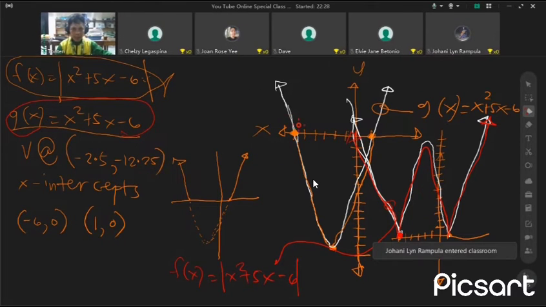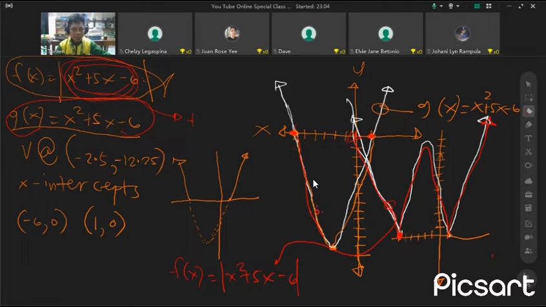The parabola, this one. And from the two intercepts, we cut the portion on the negative area and place it at the upper portion, since all of the values inside the absolute value sign will always be positive.